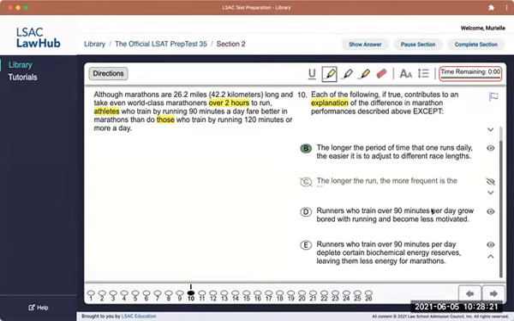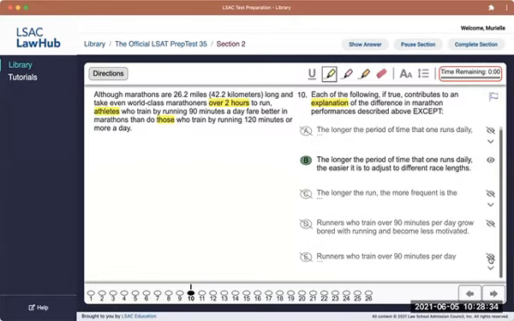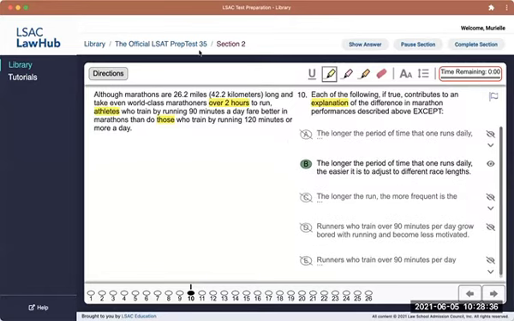If you train for over that, you grow bored, less motivated. That one also would help explain the difference. Runners who train over 90 minutes per day deplete and have less energy. Okay, so I'm just going to add a little text here. The thing we're trying to explain is why 90 minutes per day is better than 120 per day.